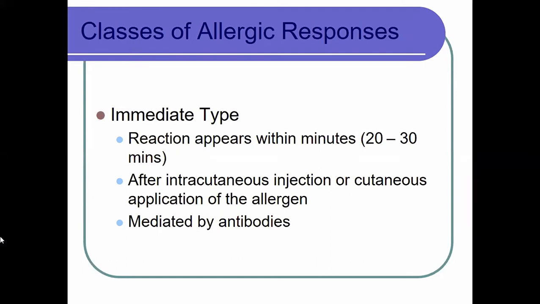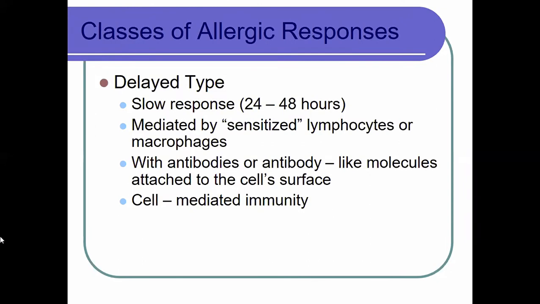So usually this is mediated by antibodies, specifically immunoglobulin E. The delayed type is said to be a slow response. Usually it takes about 1 to 2 days. So this is cell-mediated reaction.